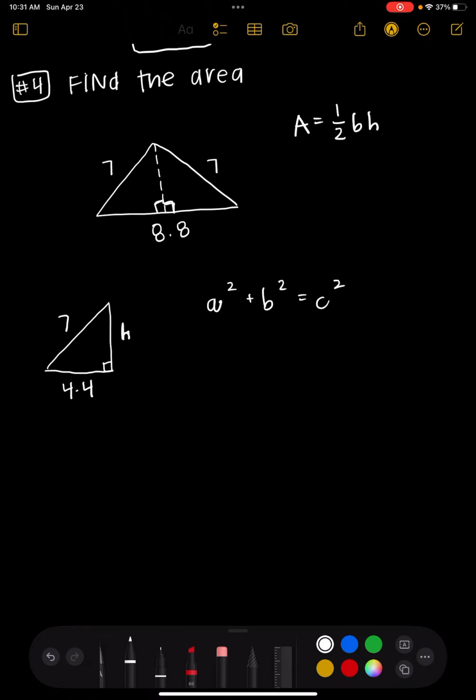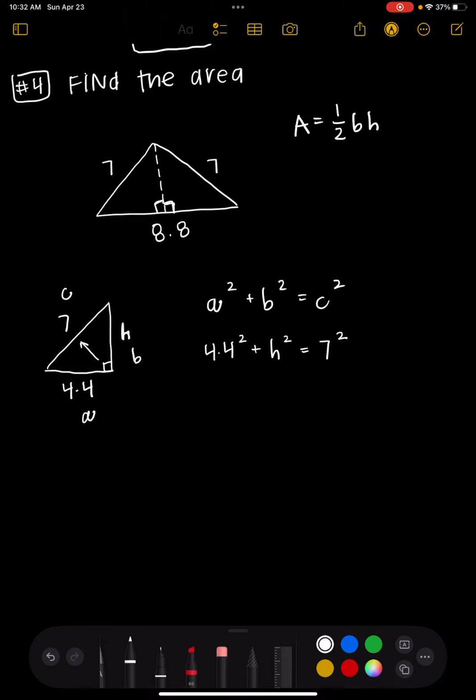And remember we're going to label our sides a, b, and c has to be the hypotenuse, which is opposite of the right angle. So this is our side c, which is 7, and then a and b can be whichever ones are left over. So when we plug that in, we're going to end up with 4.4 squared for a plus h squared for b is equal to 7 squared for c.